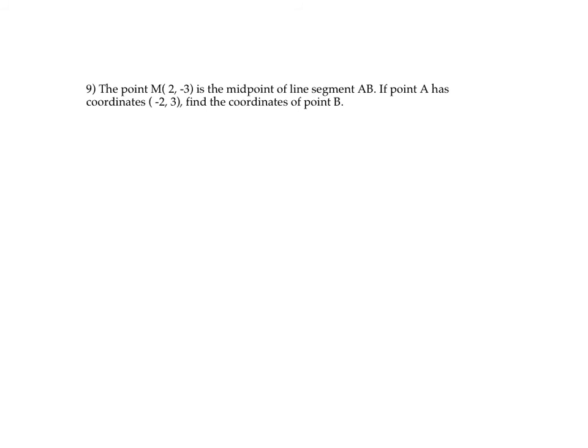Okay, in our last example, it says the point M, which is at 2, negative 3, is the midpoint of line segment AB. So here's line segment AB. We're not graphing it, just sketching it. And so we've got this point M, and M has coordinates 2, negative 3. It says if point A has the coordinates of negative 2, 3, we need to find the coordinates of point B, x, y.